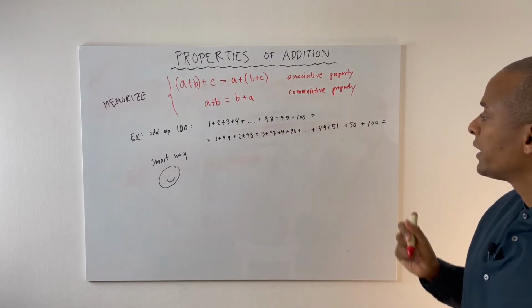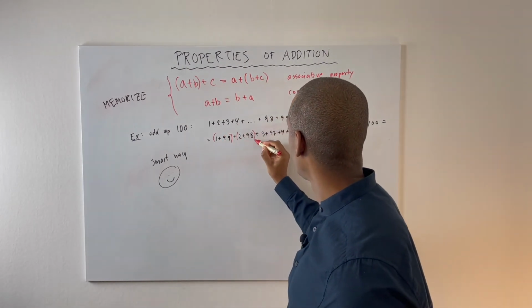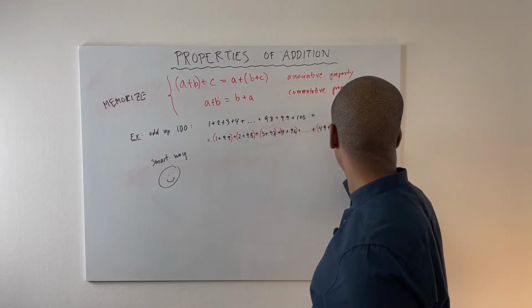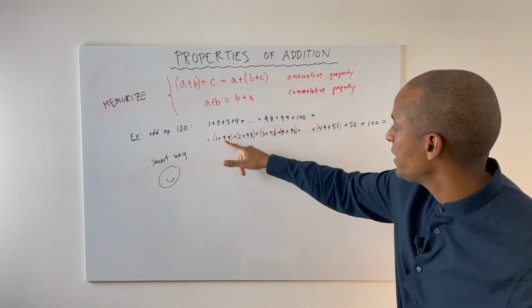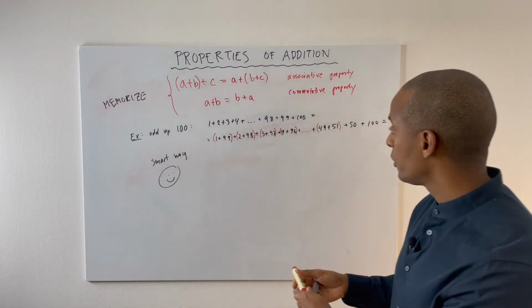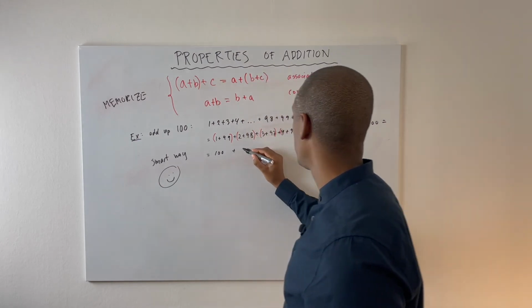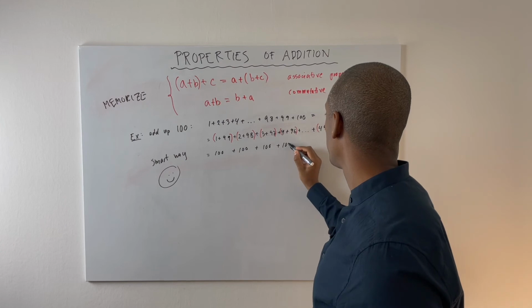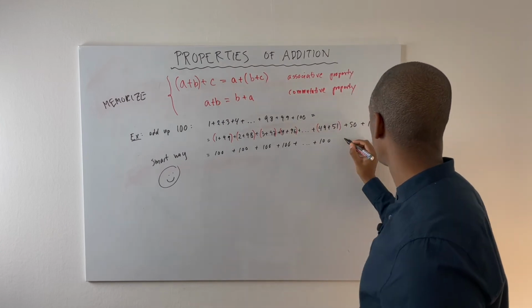Now, because of the associative property, we can put brackets here, like this. And we see inside each bracket, the result is going to be the same. It's going to be 100. So we have 100 plus 100 plus 100, 100 plus, like this.